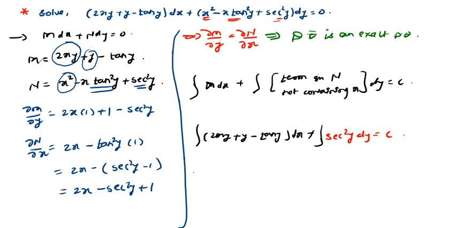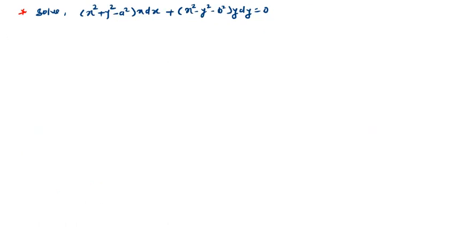Finally, here 2y is constant, so the integration of x will be x square by 2, plus y is constant, so the integration of dx will be x, minus the integration of tan y with respect to x: tan y will be constant, so the integration of dx will be x, plus the integration of sec square y with respect to y, which will be tan y, equal to constant. Finally you can cancel out this 2 and that will be your final solution.